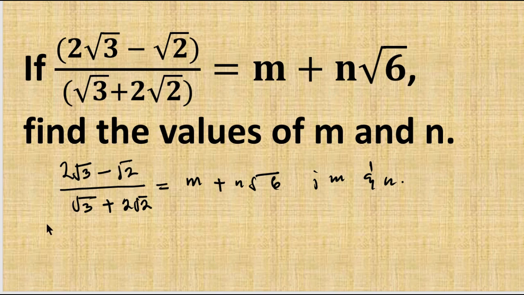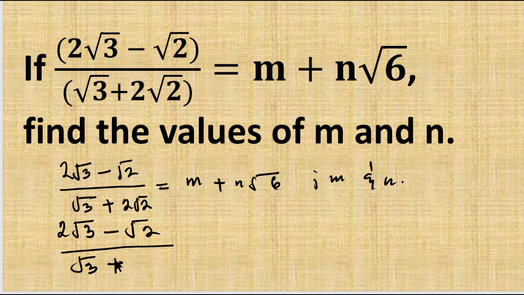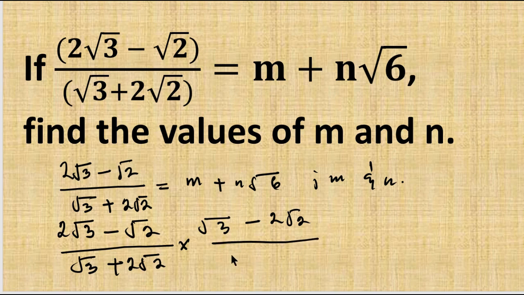In applying conjugate surds, it becomes (2 root 3 minus root 2) over (root 3 plus 2 root 2) times, I'll pick the denominator, (root 3 minus 2 root 2) over (root 3 minus 2 root 2).